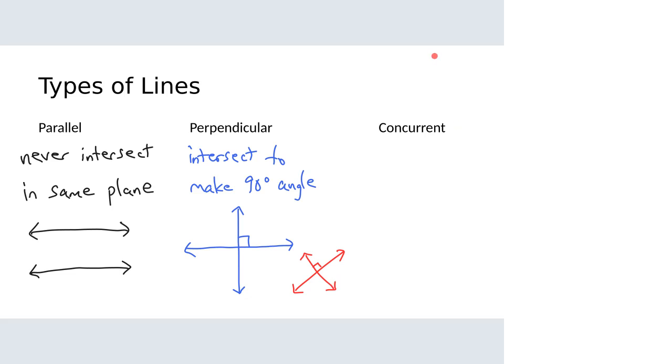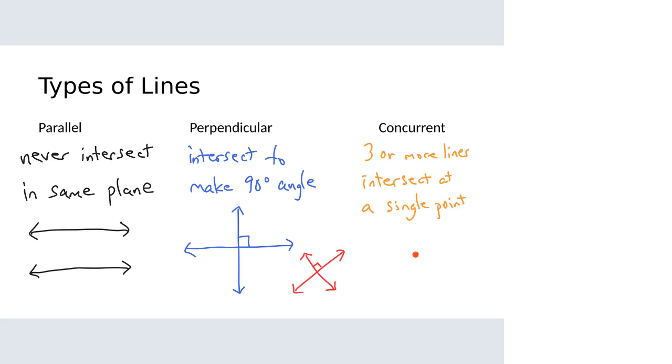The last one we'll look at here is concurrent, and that's when three or more lines intersect at a single point. That's something we looked at in our very first example of how many different lines could go through one point.